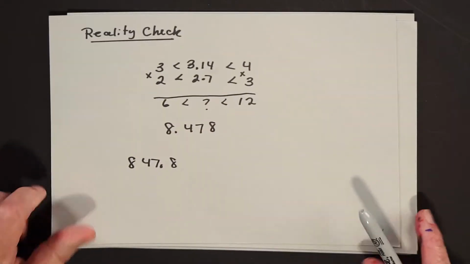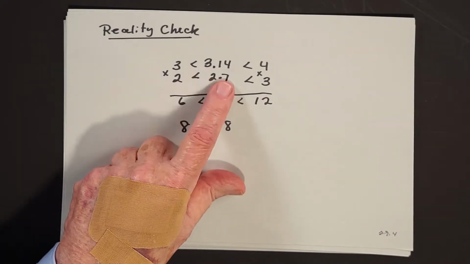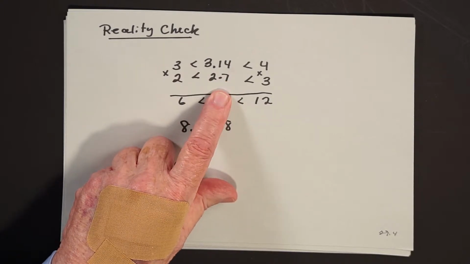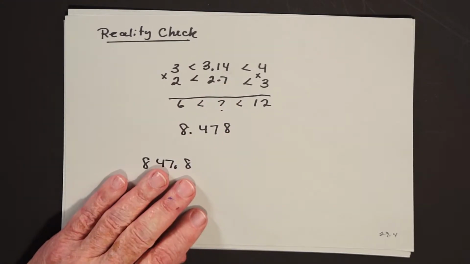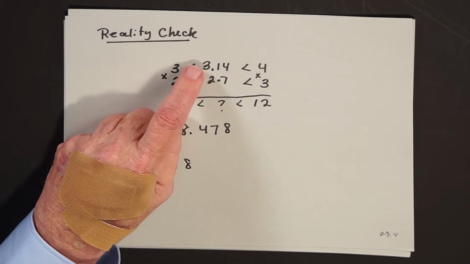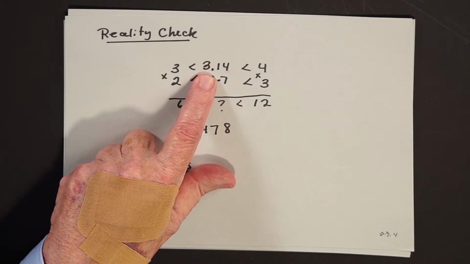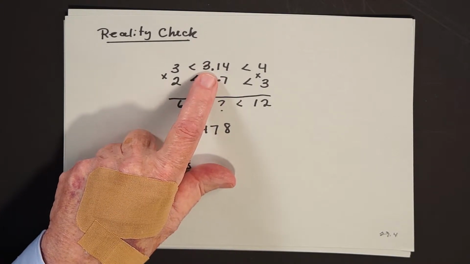And again, don't underestimate the value of a reality check. Kids today will sometimes say, I have a calculator. In the real world, this wouldn't bother me. I would just punch in the 3.14, I would punch in the 2.7, calculator would give me the right answer. Is it possible that when the student punched in the 3.14, they neglected to punch in the decimal point?